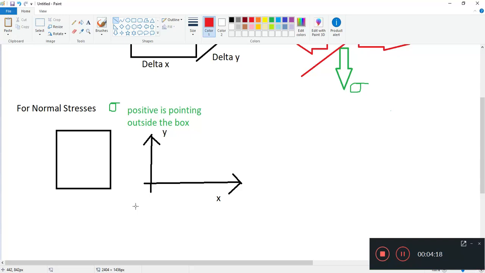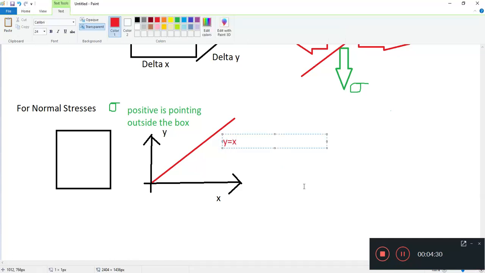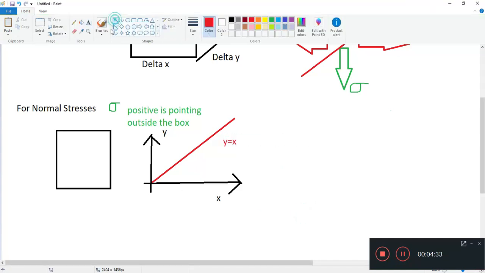How do we define positive? Well, if we have this y and x coordinate system, we draw the line y equals x. We draw it parallel in the box. And where is the positive?